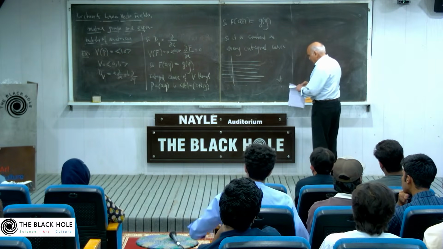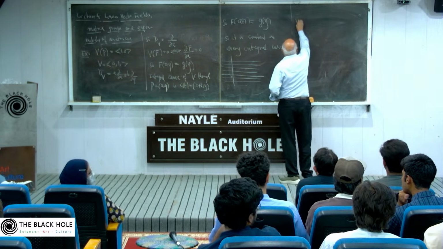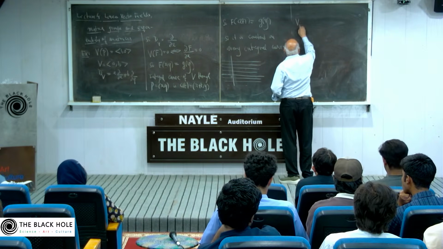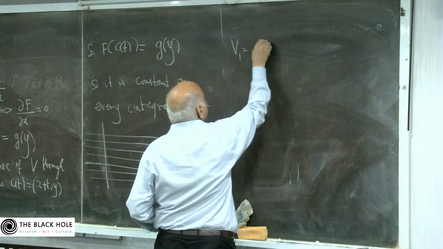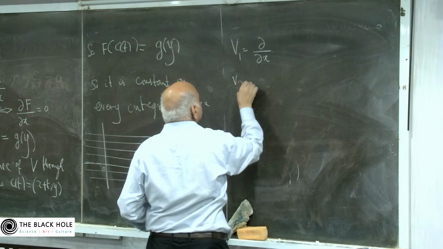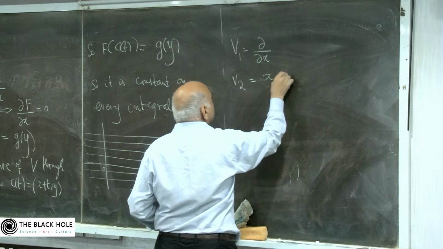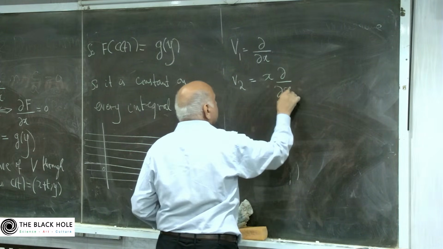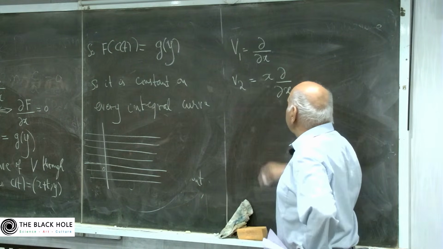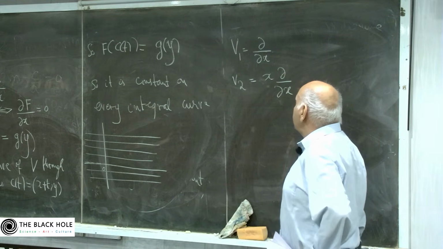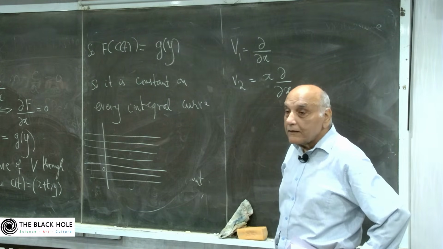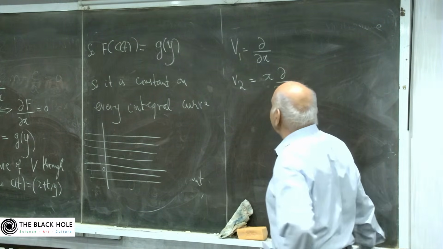So let's say V1 is partial by partial x and V2 is x times partial by partial x. Are they dependent or linearly independent at any point? Okay, let's check.